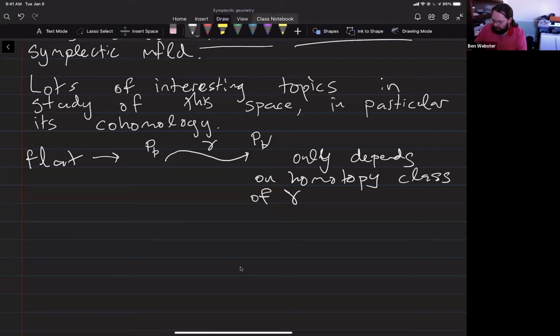So in particular, if I look at a single point and I go around some non-trivial element of pi1, I get some element of my group, which is the automorphisms of that fiber, with the action of G. And that only depends on the class in pi1.